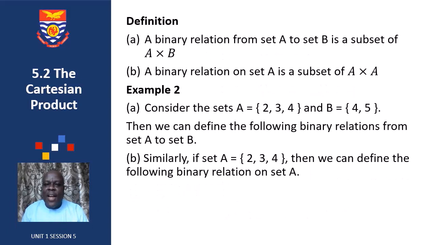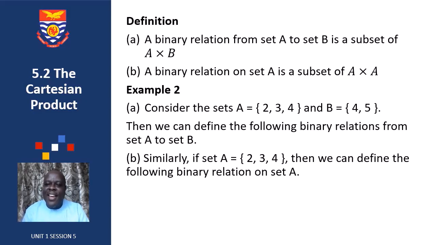Let's now look at these two definitions. The first one: a binary relation from set A to set B is a subset of A cross B. The second definition says a binary relation on set A is a subset of A cross A. We will illustrate this definition with the example below.